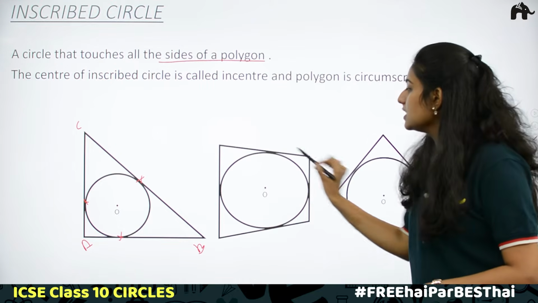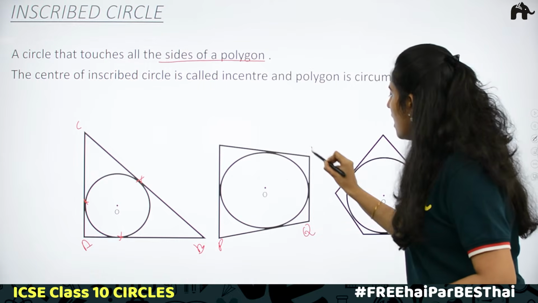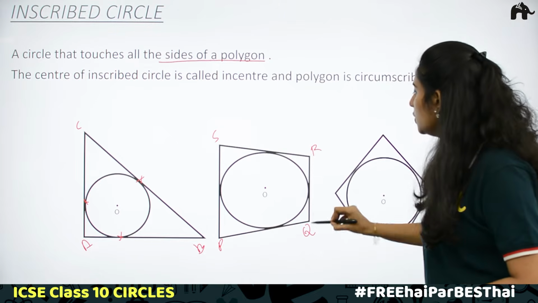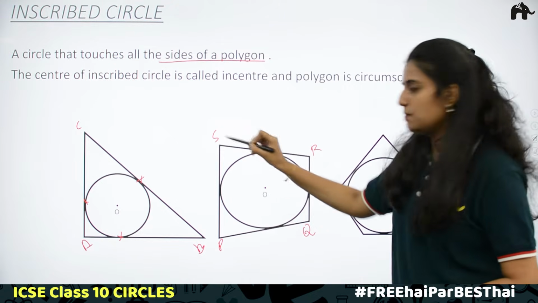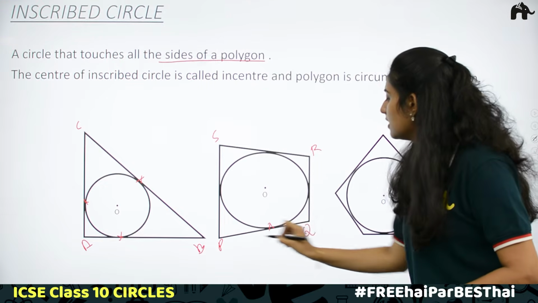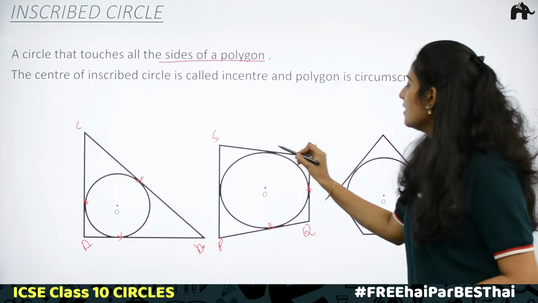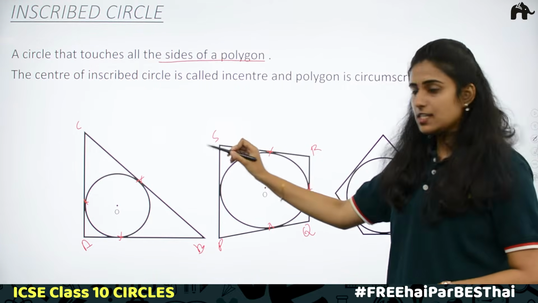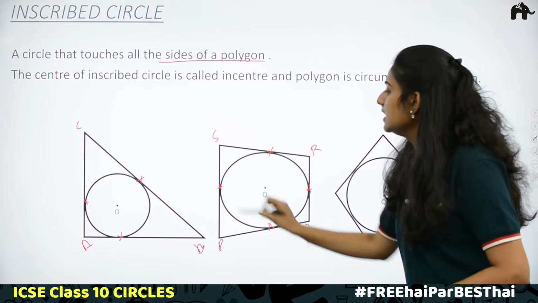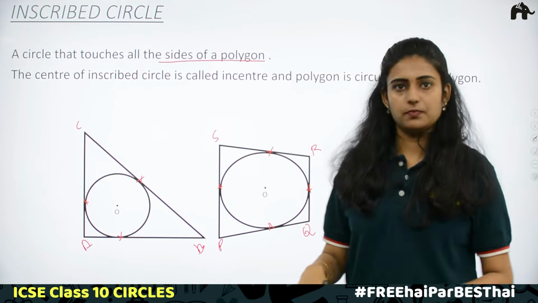Now, when you come to the case of quadrilateral, PQRS is the quadrilateral. Here we have sides PQ, QR, RS and PS. The circle is touching at this point on the side PQ, at this point on QR, at this point on RS and at this point on PS. Okay, this circle is an inscribed circle in the quadrilateral PQRS.